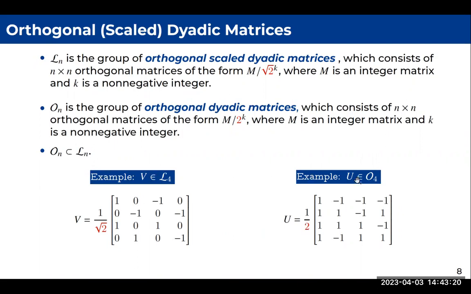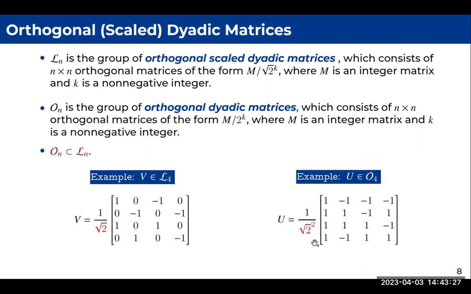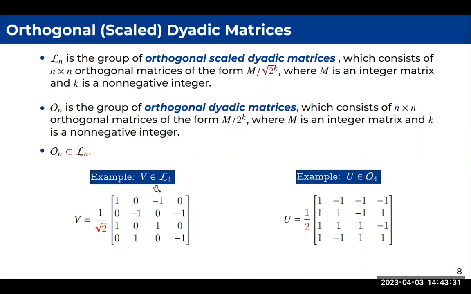So if you look at this 4x4 matrix, you'll see that we can actually transform the one on the right-hand side as a power of root 2. Then this is actually an element in L_4. So this tells us that the orthogonal dyadic matrices and the orthogonal scaled dyadic matrices basically just differ by a scalar 1 over root 2.